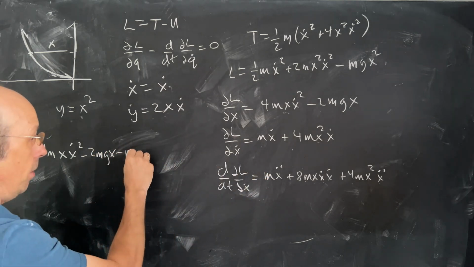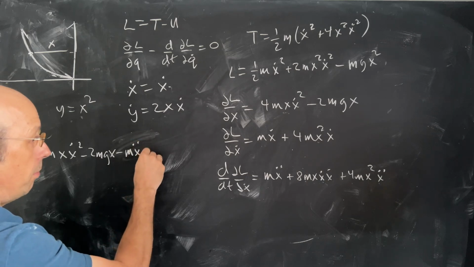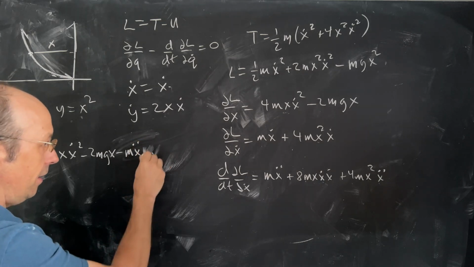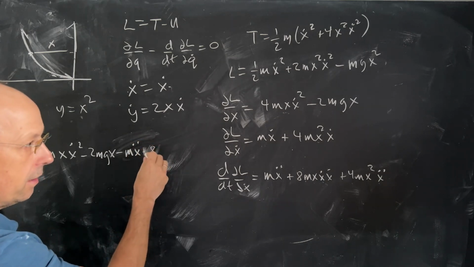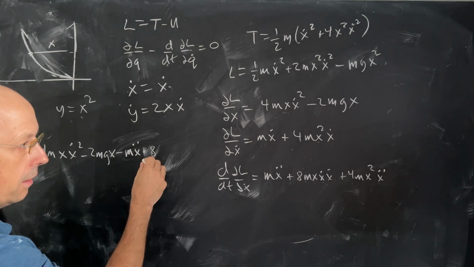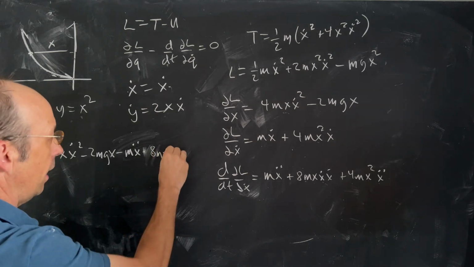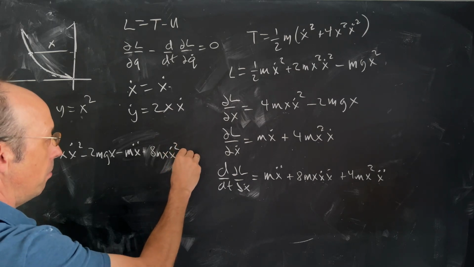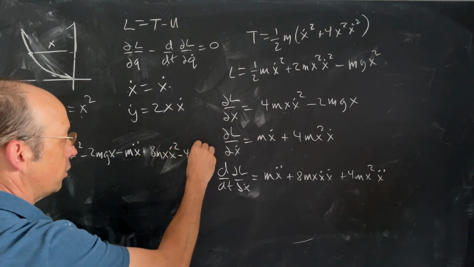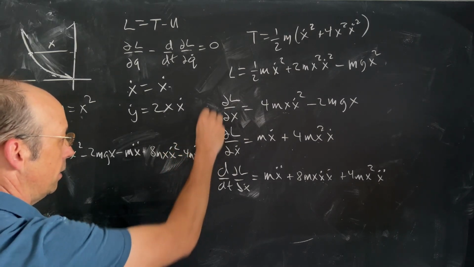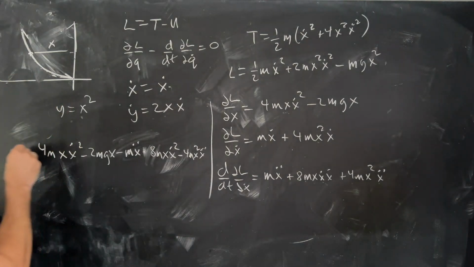So I get minus m x double dot minus 8m x x dot squared minus 4m x squared x double dot. Okay, and that's equal to 0.